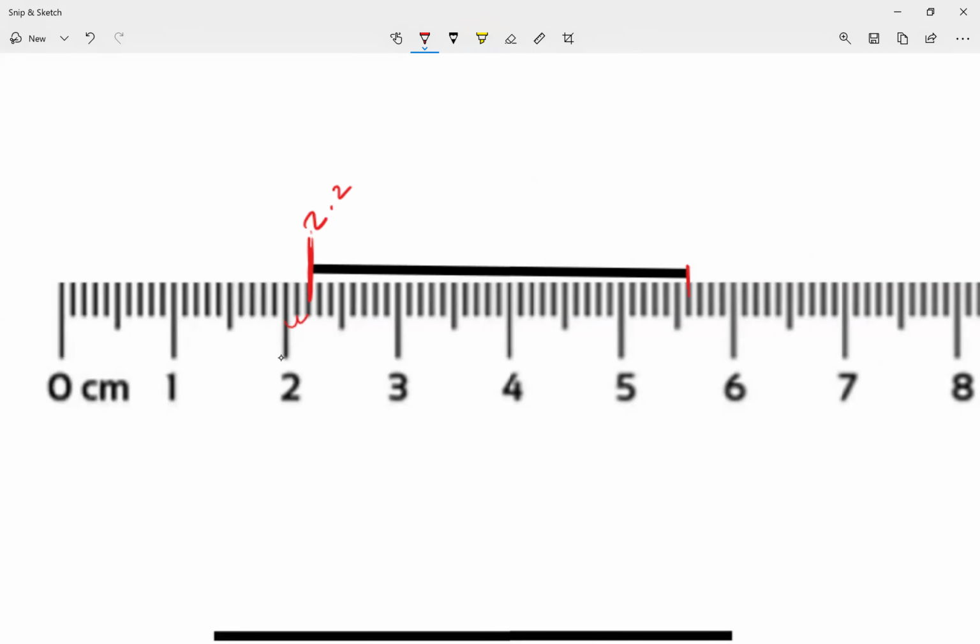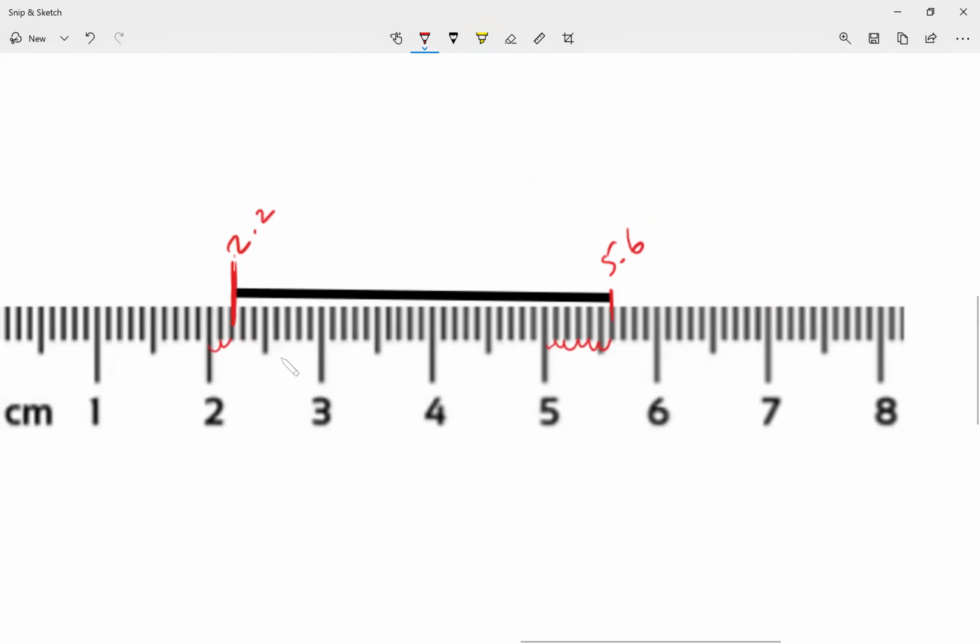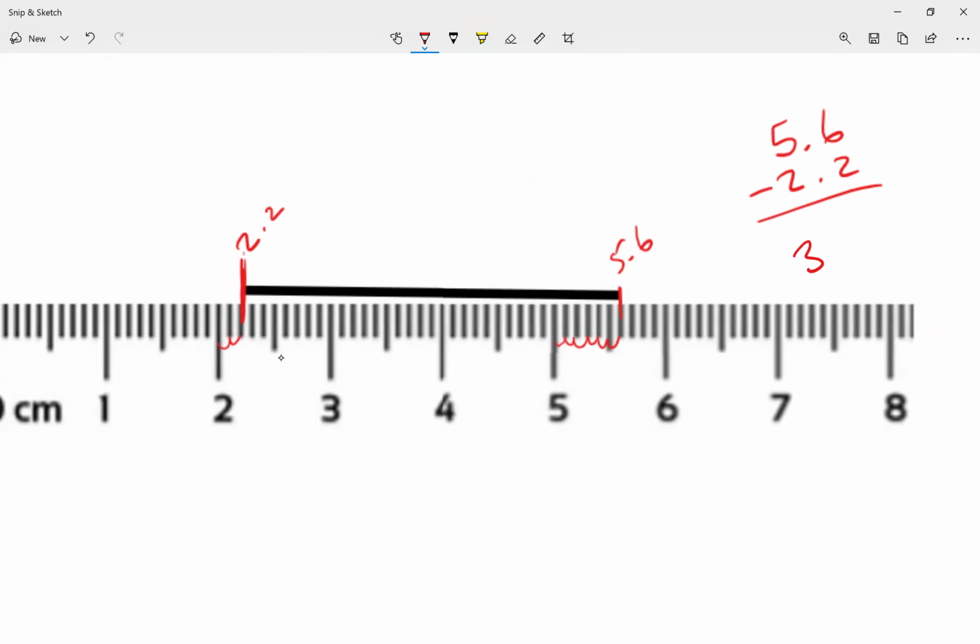The big number here, I'm going to call this 5.6 because it was 5.1, point 2, point 3, point 4, point 5, point 6. So I see the measurements of my ruler, 2.2 and 5.6, and then I'm just going to subtract those two values. 5.6 minus 2.2 happens to be 3.4.